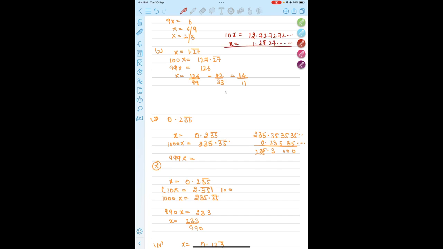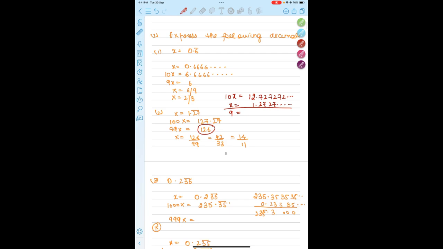And if we subtract it, it will not come out to be a perfect integer on the right hand side, like we got here, like 6. So for that we will have to multiply it by 100. So 100x is equal to 127.272727, and we have x is equal to 1.272727.